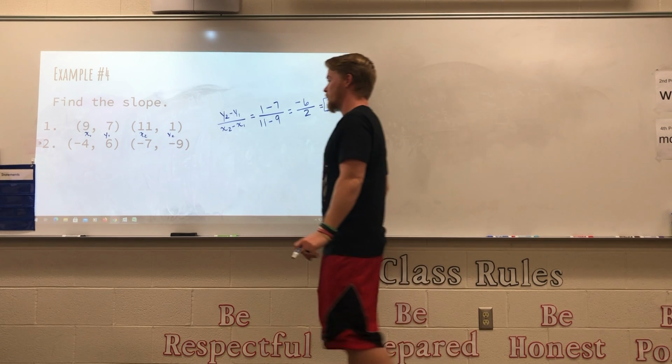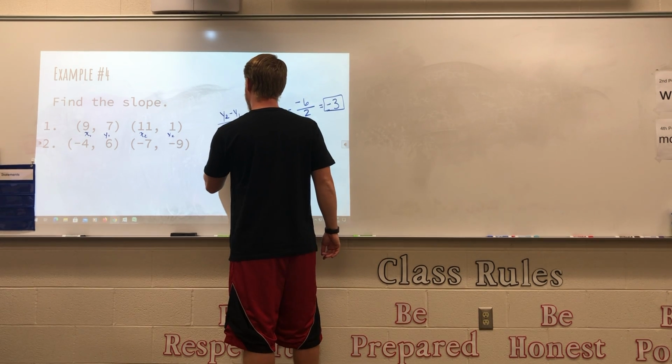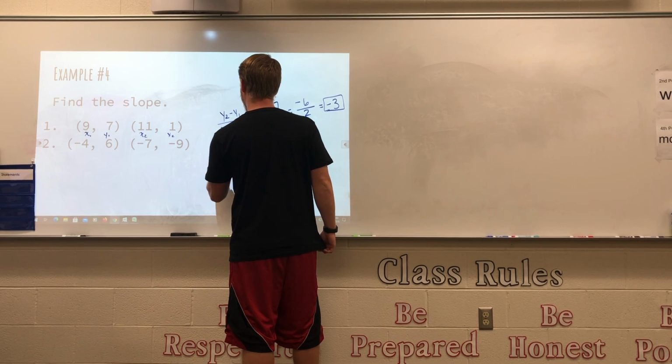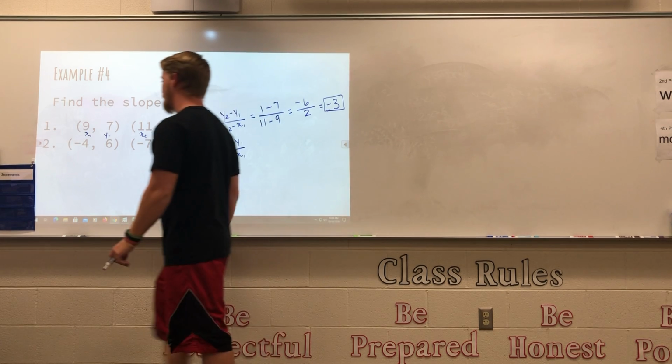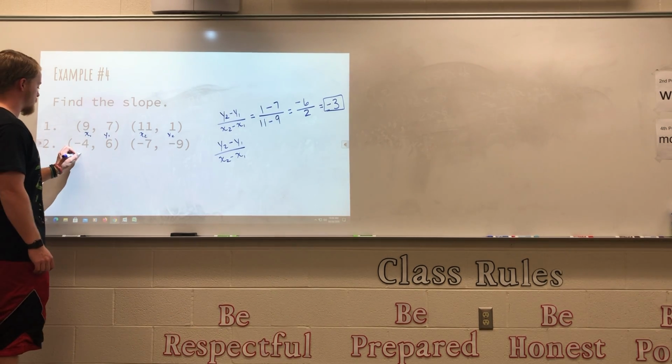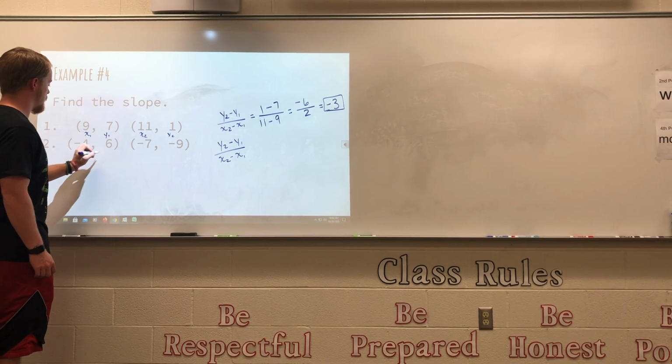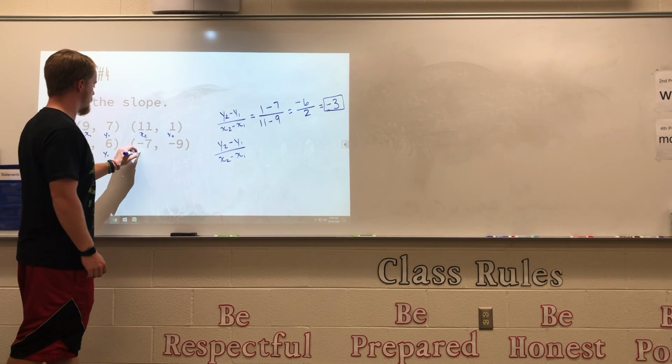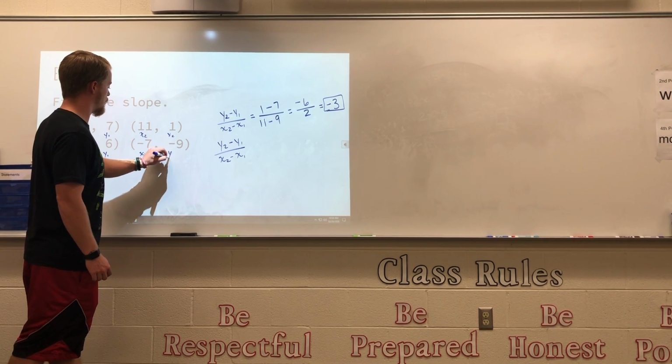Okay, let's look at the second one. We're again using that same formula, y2 minus y1 over x2 minus x1. I'll come over here and label. X comes first, x1, y1, x2, y2.